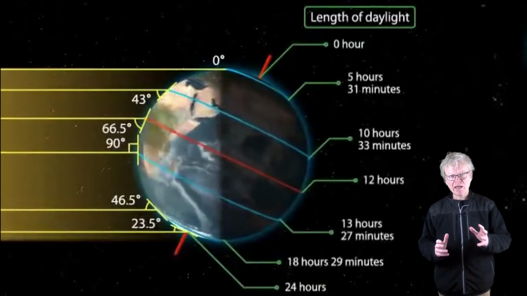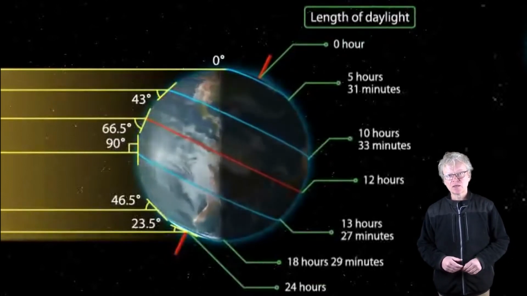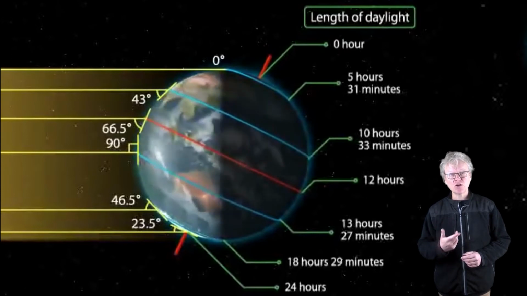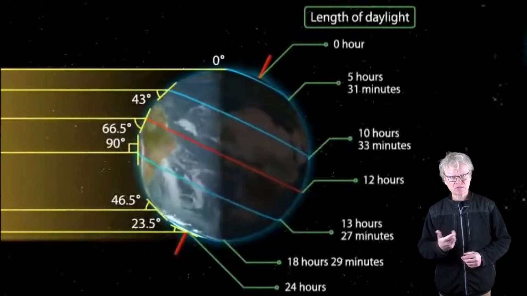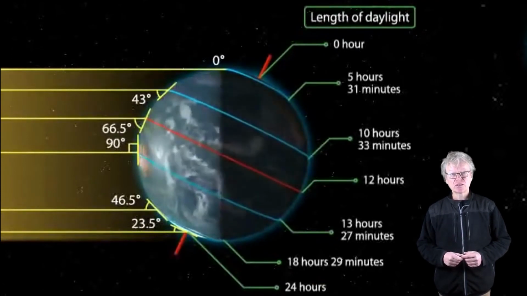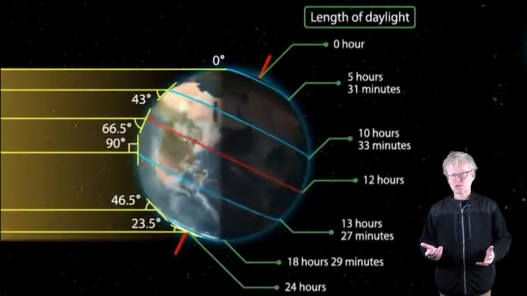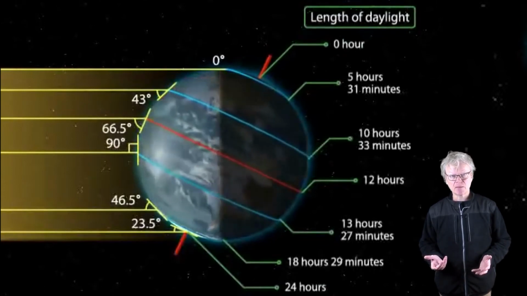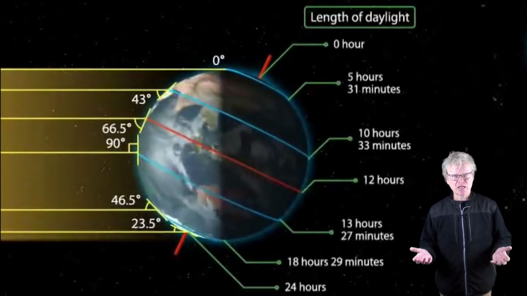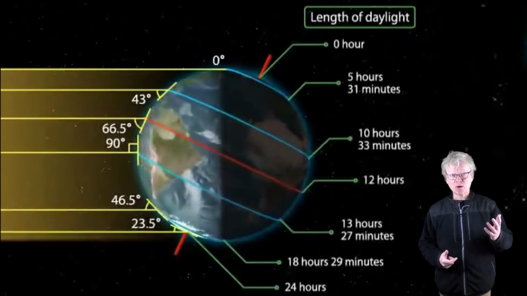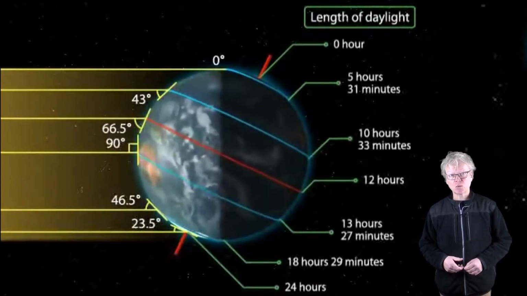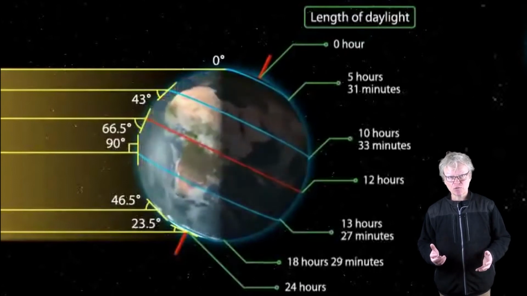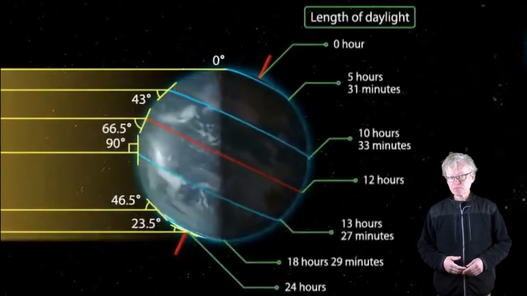If you want to see why, have a look at the North and South Pole. You can see that with the rotation of the Earth on a daily basis, the South Pole is pointing towards the sun permanently in midsummer. So the sun actually never sets. Whereas the North Pole is pretty much permanently pointing away from the sun. So the sun never rises, and that's what happens.